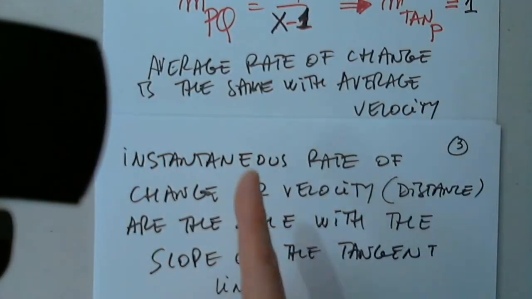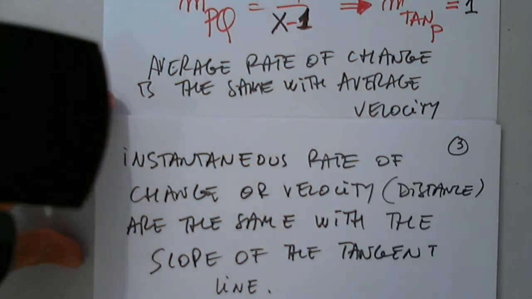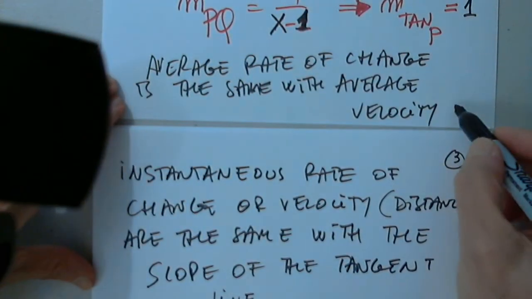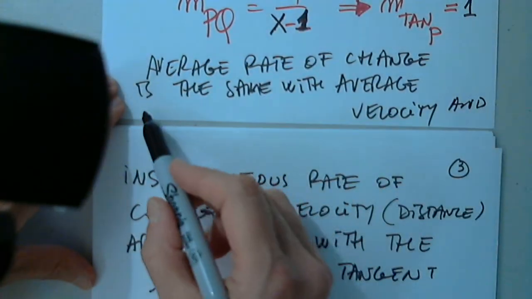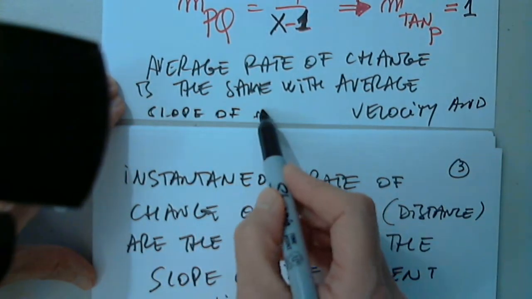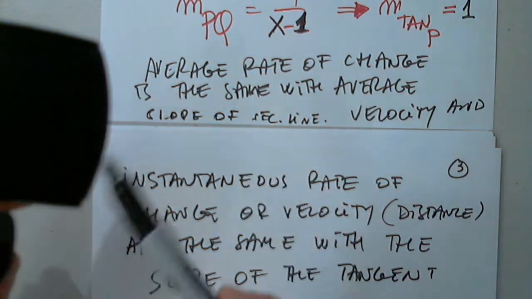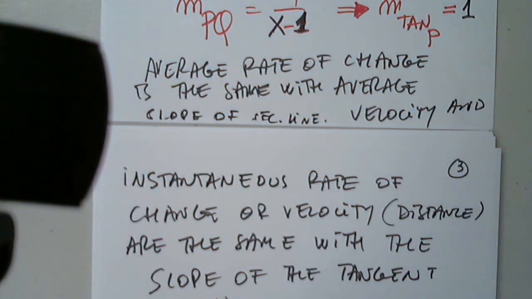The instantaneous rate of change or velocity, instantaneous velocity. So these are the same with the slope of the tangent line. They are the same. The average rate of change is the same with the average velocity and the same with the slope of the secant line. Let me also write that. And slope of secant line. Let me read this just to make it clear.